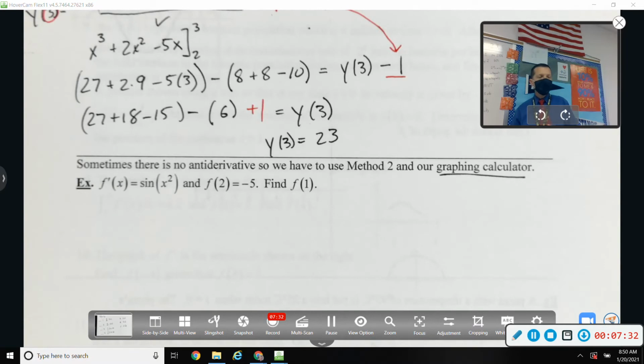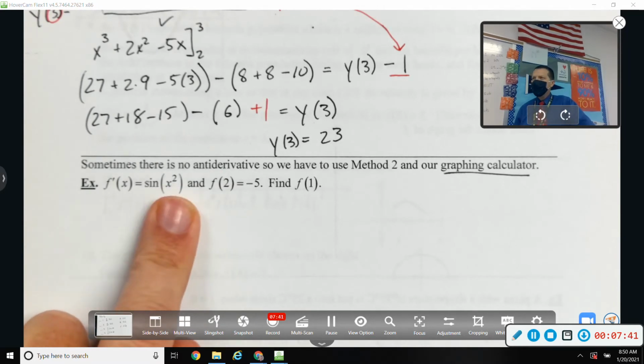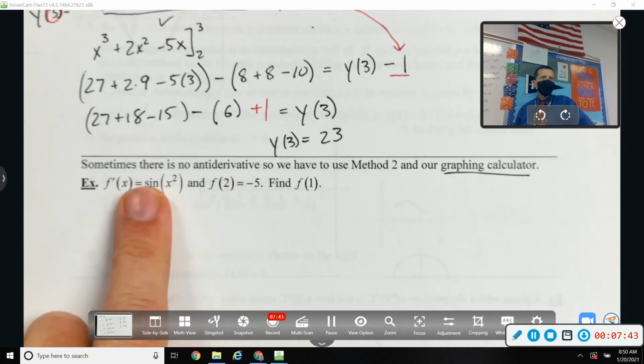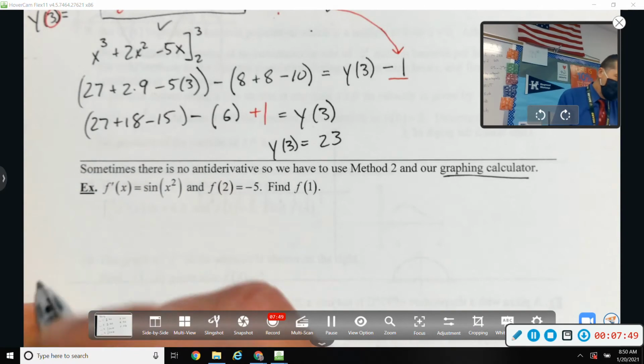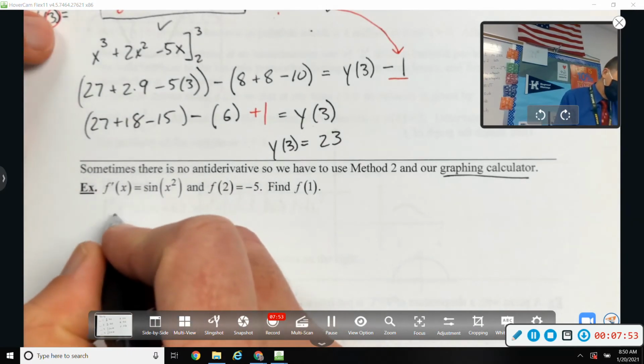So you can't even undo sine of x squared, right? Because the antiderivative of sine would be negative cosine, but that x squared, the chain rule would mess stuff up. So I don't know yet how to find the antiderivative of sine of x squared. So let's just see what we can write to figure this out.